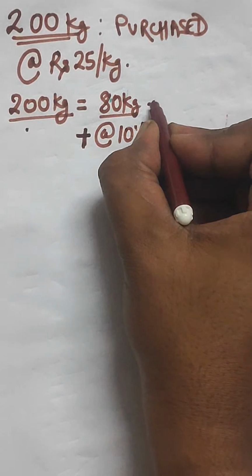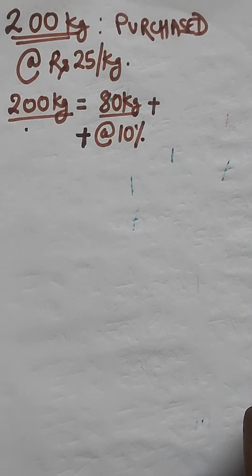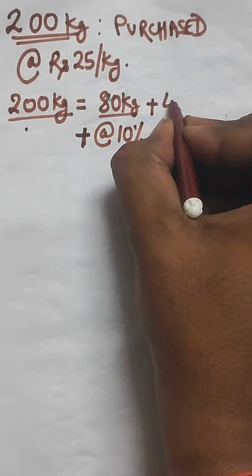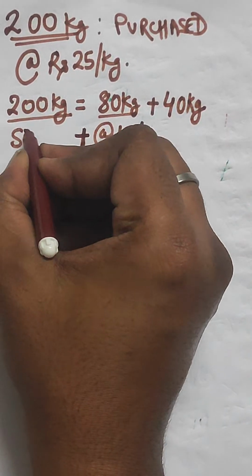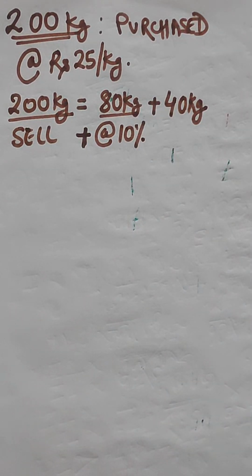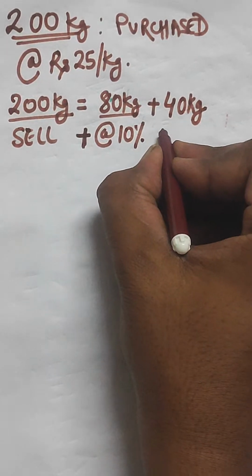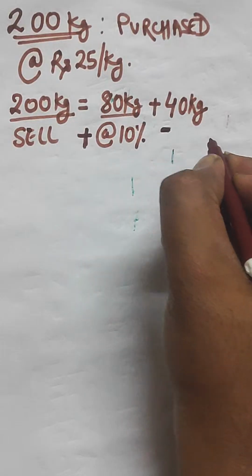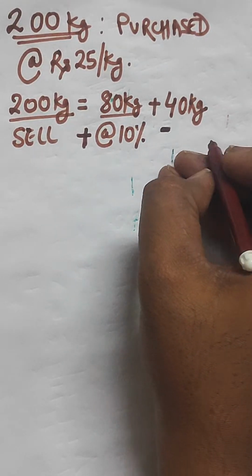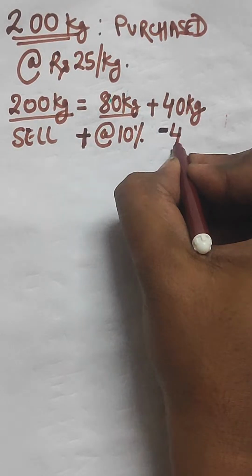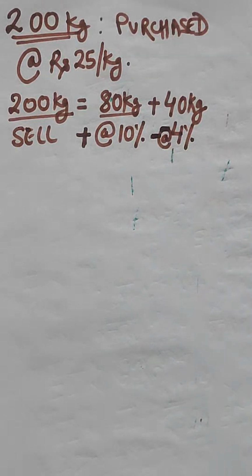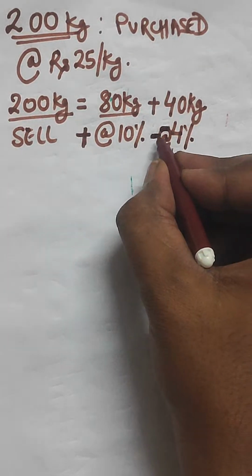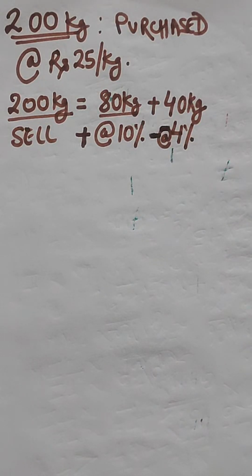Thereafter he sells another 40 kg at a 4% loss. This is the sale, 40 kg at a loss of 4%. So I'm mentioning it at the rate 4%. This is the loss, right?